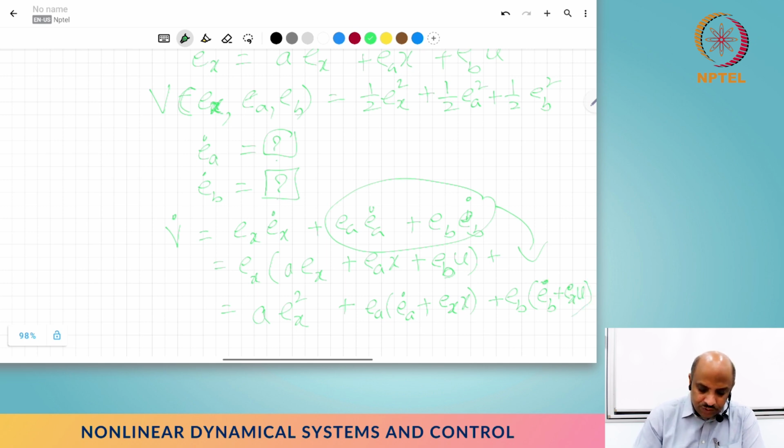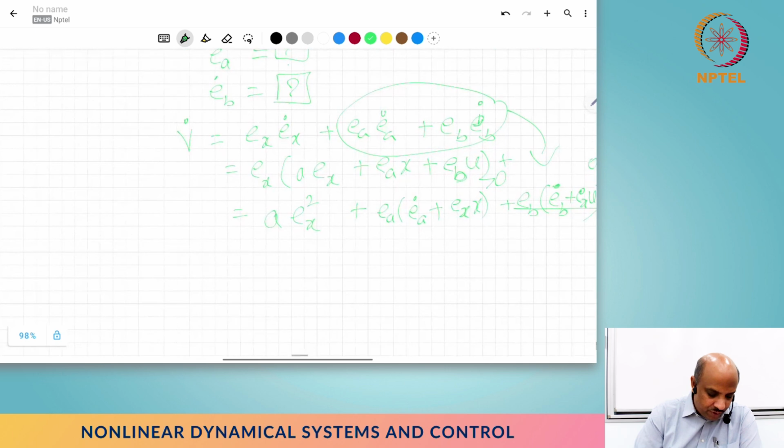Since I have the choice of picking e a dot and e b dot on my own, I can choose them in such a way that these two terms go to 0. So I will end up with V dot equal to a times e x squared, which is less than or equal to 0.